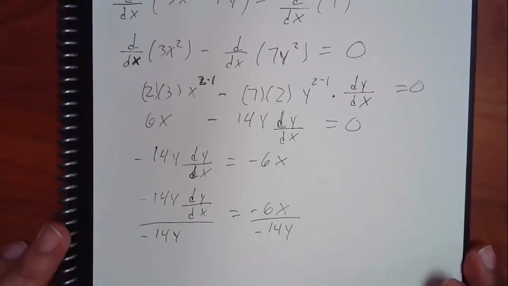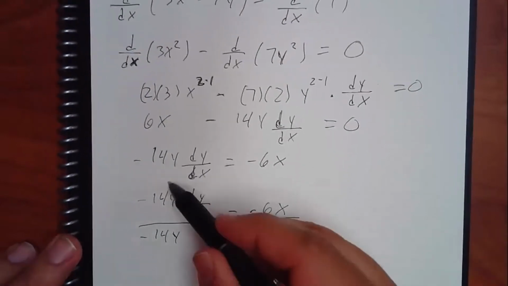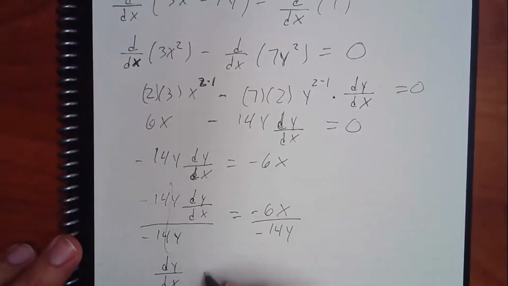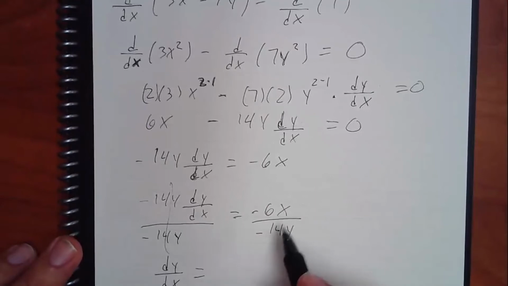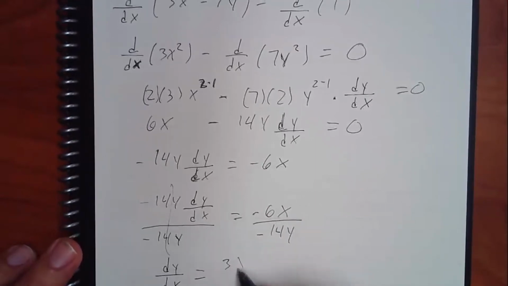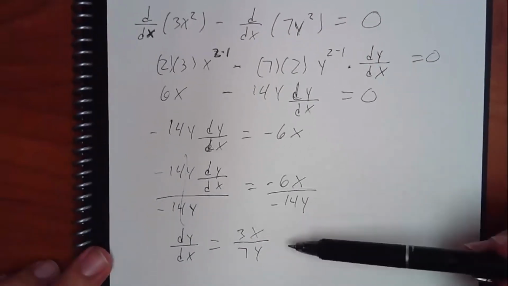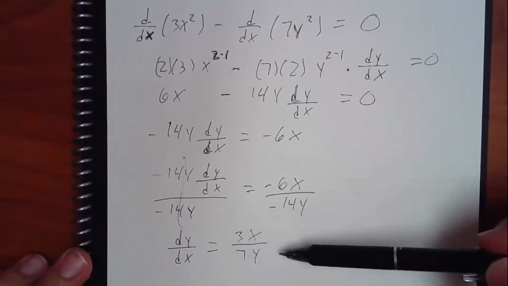There we go. So these will cancel. So now dy dx is equal to positive 3x over 7y.